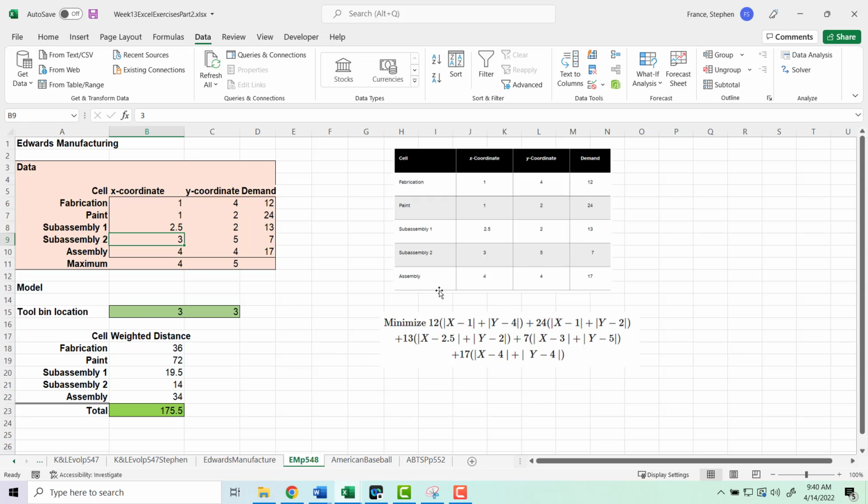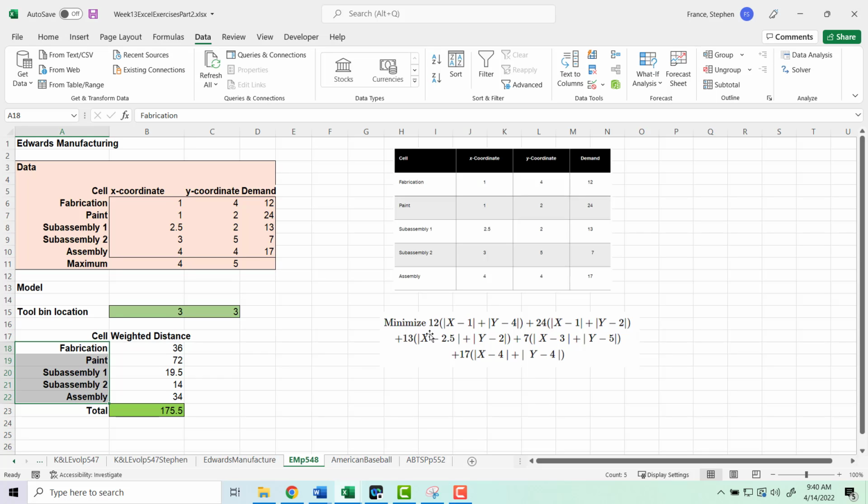Now, the idea is we want to put our tools somewhere to minimize the combination of distance and demand. So we want to minimize the average distance to each of these areas of the factory weighted by demand. So it's more important that we're closer to the paint because the demand is 24.